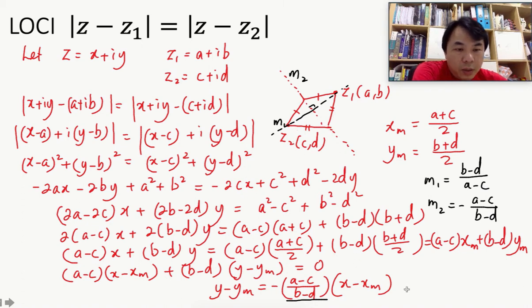Therefore, this line equation represents a perpendicular bisector. So this complex equation represents a perpendicular bisector between z1 and z2. That is the geometrical perspective of this complex equation. I hope that is clear here. I have indirectly provided you with a proof as to why it is known as a perpendicular bisector.